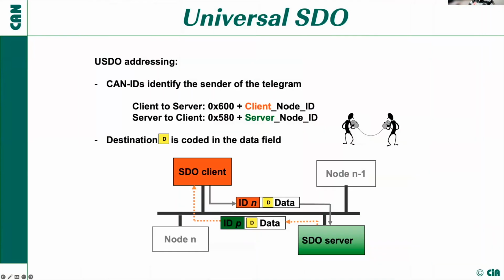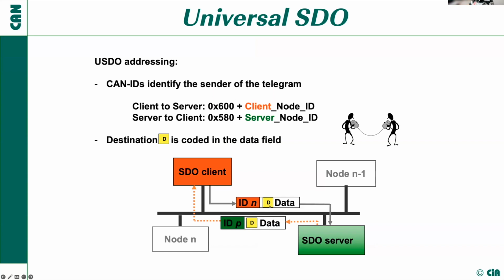Why is there this flexibility? In contrast to CANopen Classic, in CANopen FD the sender can now determine the CAN identifier of the frames that are used to carry the request from the client to the server, and vice versa from the server to the client. Therefore the destination, who should be the receiver of such a frame, is just coded in the data field.